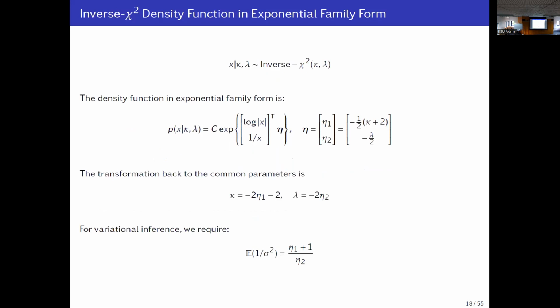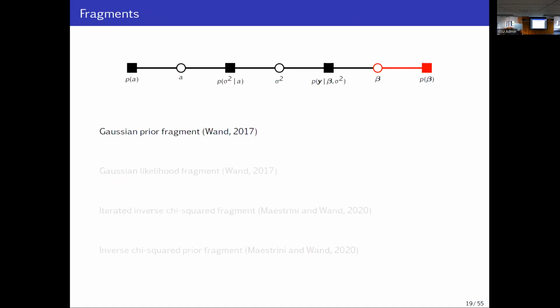And this is what we have for the inverse chi-square density function. We'll have a chance to look at that as we go through the derivations. So what I want to point out here is that once you've stored up the messages passed within these fragments, then that can be applied to any model that has that particular probabilistic specification. For instance, the Gaussian prior specification was developed in 2017.